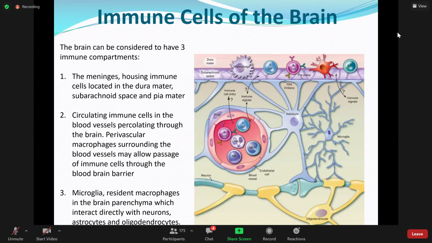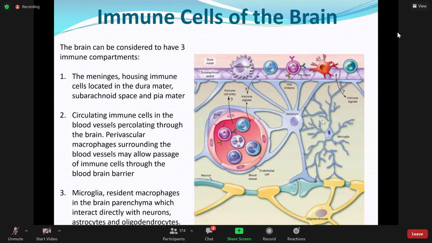The third are the immune cells circulating through the blood vessels, which permeate through the brain parenchyma. Under normal circumstances, they're restricted from entering the brain due to the blood-brain barrier.